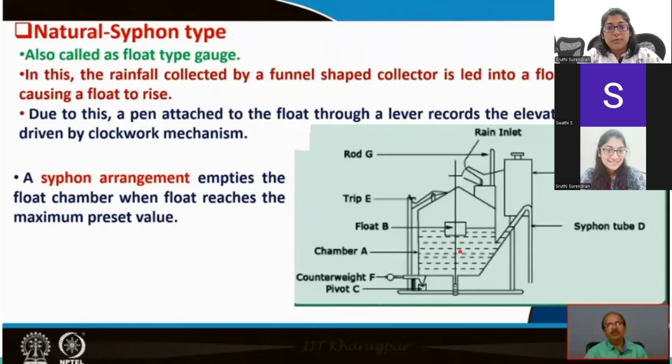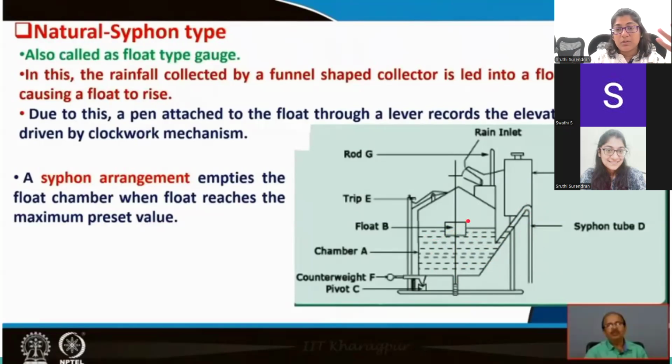And then after a point of time, this siphon system is going to empty whatever water, and the float is going to come down again. So this is called the float type chamber or the natural siphon type. And here the pen and paper setup is attached to this float, and it is also recording.